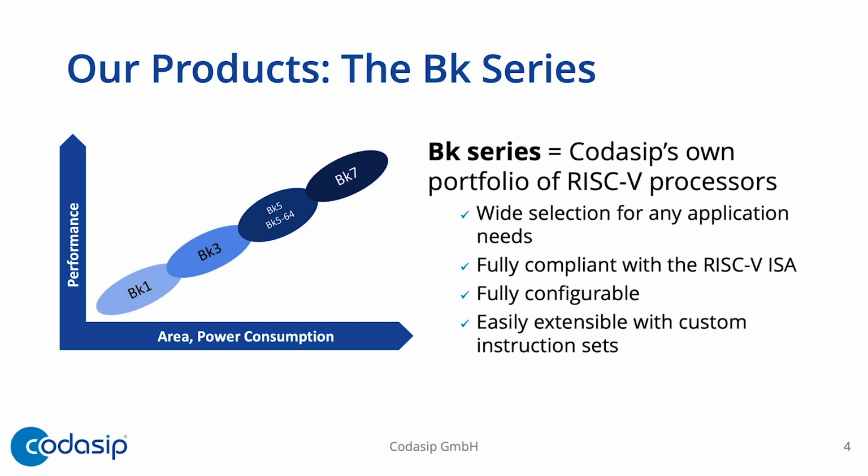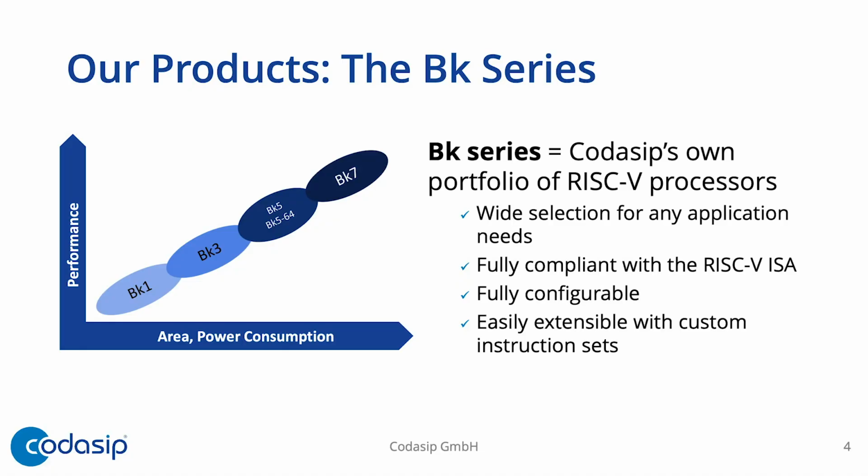Right now we have 4 implementations. The implementations differ in microarchitecture complexity. We have a really simple, pipeline-less design called BK1. We have a 3-stage BK3 and a 5-stage BK5, and finally BK7 is 7-stage. The first 2 are 32-bit only.